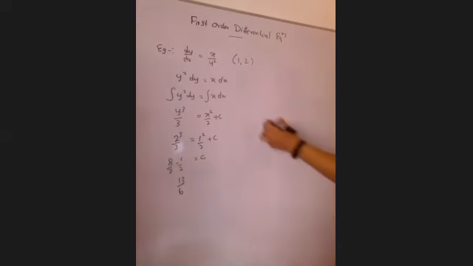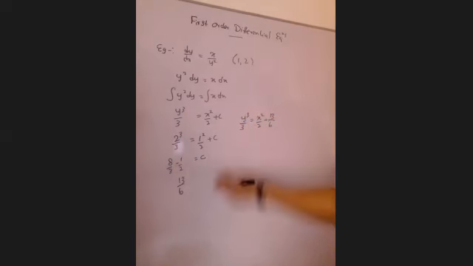With that, you can write the solution: y cubed over 3 equals x squared over 2 plus 13 over 6. If you want, you can multiply everything by 6 and then subtract. You can do it. That was the section we learned in the last class, the first order differential equations topic.